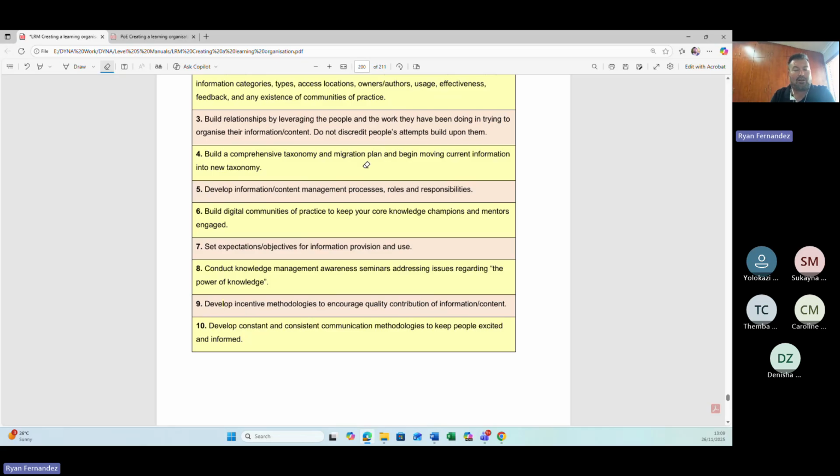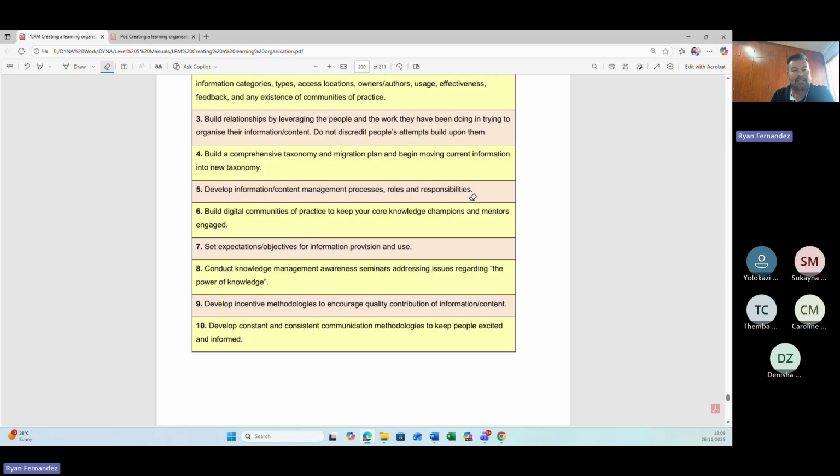Now, that might be on a server, it might be on the intranet, it might be in files, it might be on notice boards. We need to decide. So when they talk about a taxonomy, it sort of means a map. So we need to have a map of what we were doing and a map of where we are trying to get to. Then develop information and content management processes, roles, and responsibilities.